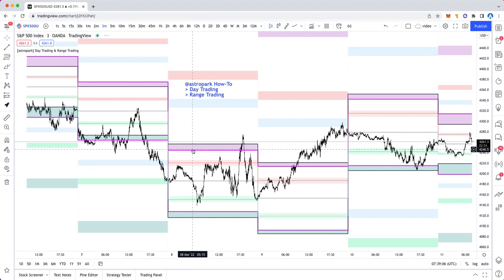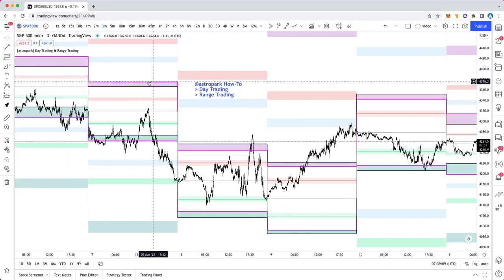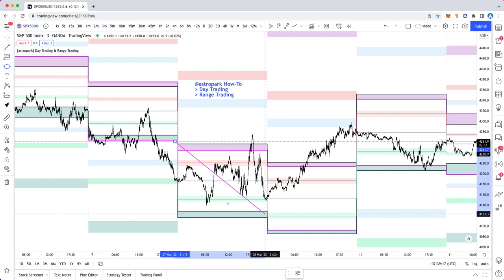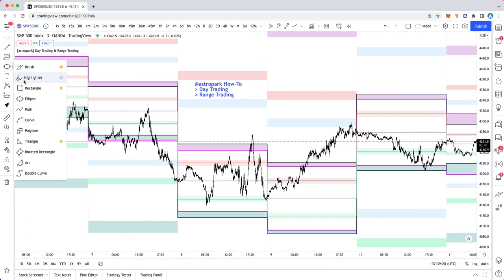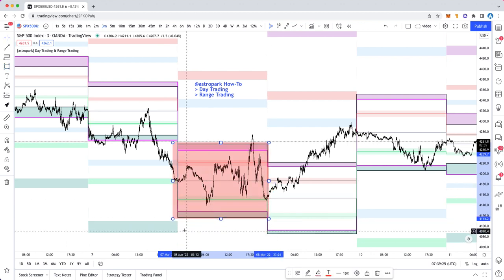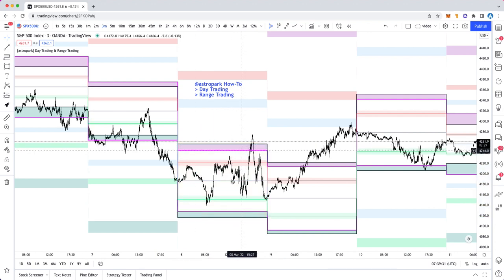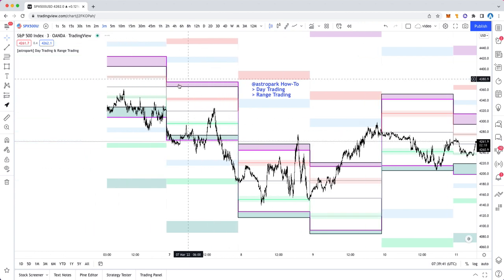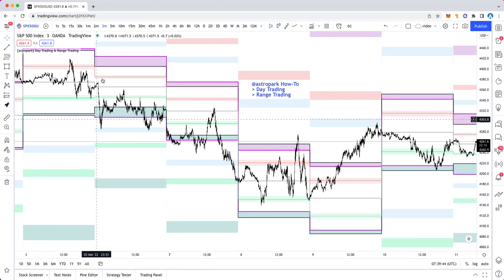So what are all these lines? This is a day range. Basically this purple range is the daily top range, and this teal range is the daily bottom range. Sometimes this is thinner, sometimes is thicker.